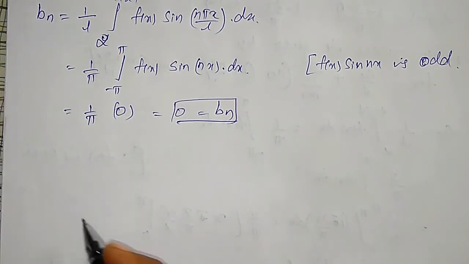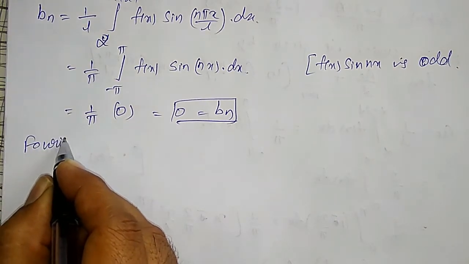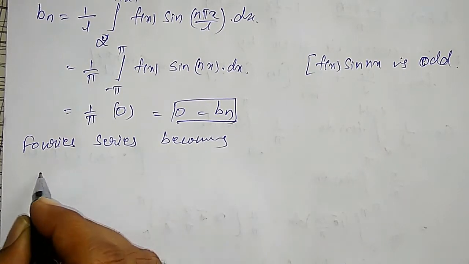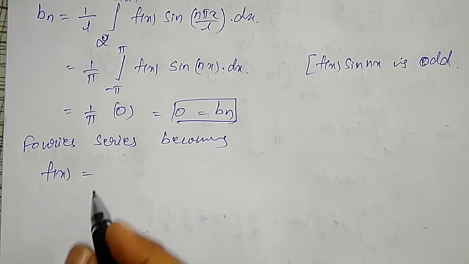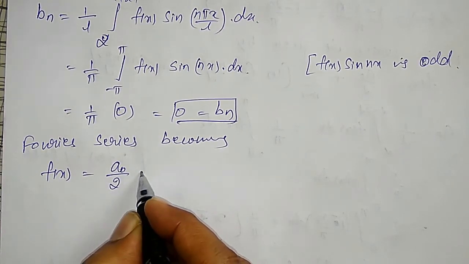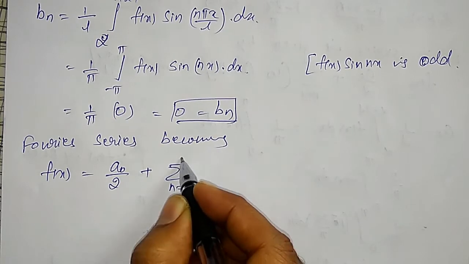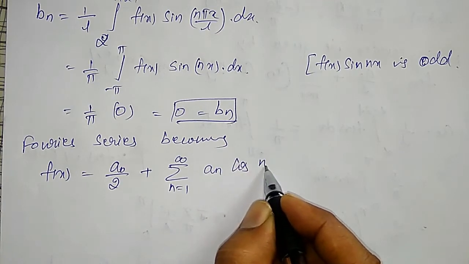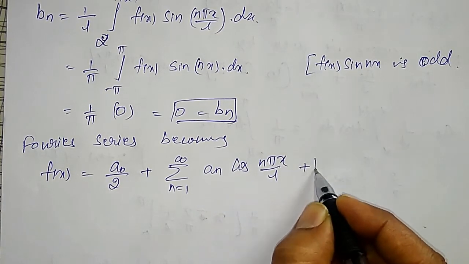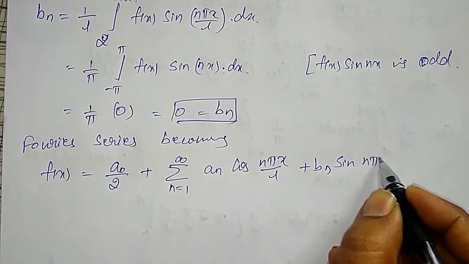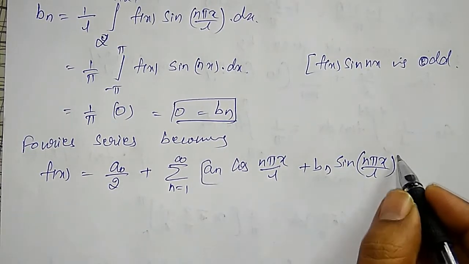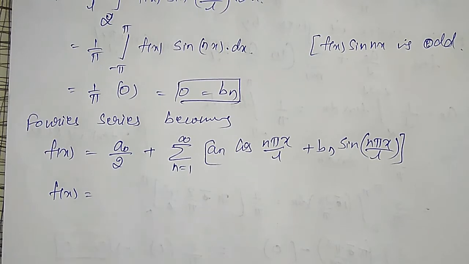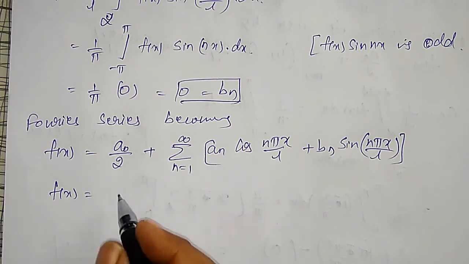Now the Fourier series will become f of x is equal to a naught divided by 2 plus summation n equal to 1 to infinity of an cos n pi x by L plus bn into sin n pi x by L. Here f of x is defined in two ways, and a naught value just now calculated is 0, only an I have to substitute.